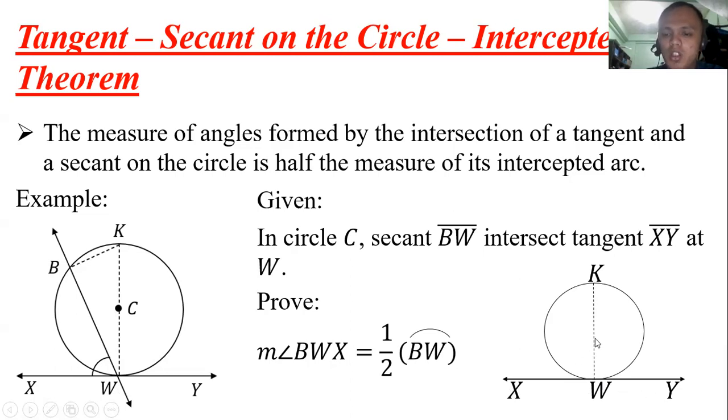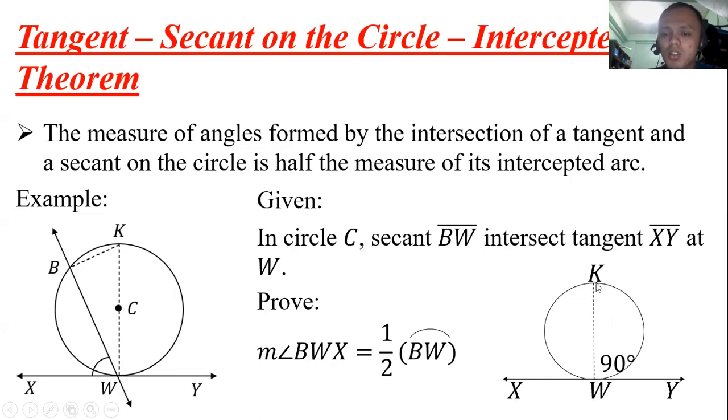Now, once na mag-intersect yung diameter and the tangent line, we can form two right angles. We have KWX and then KWY. So kung right angle yung KWY, then the measure of angle KWY is equal to 90 degrees. Kasi right angle sila kaya 90 degrees yung measure niya.